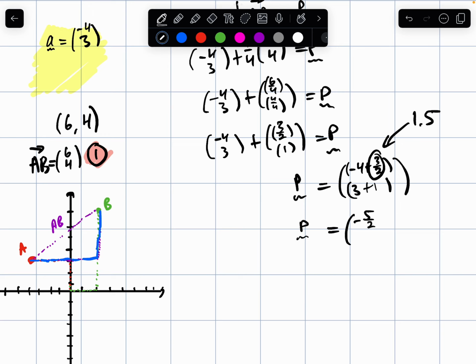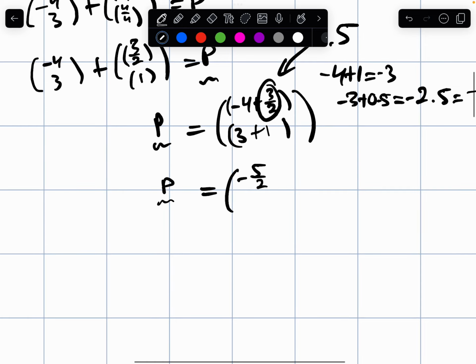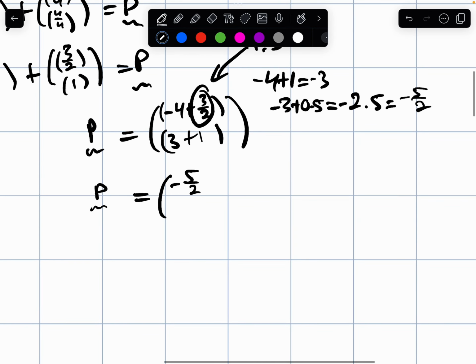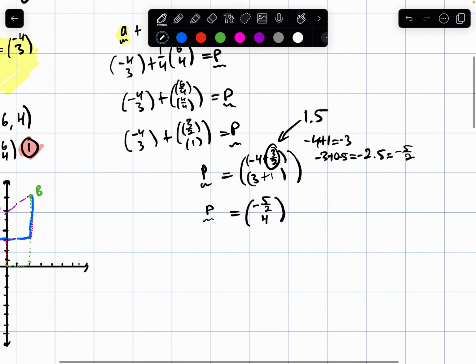So if you think of -4 plus 1 is -3, -3 plus 0.5 equals -2.5 equals -5 on 2. In case that step confused anyone. And then 4 on the bottom. So P needs to go to -5 on 2, 4.